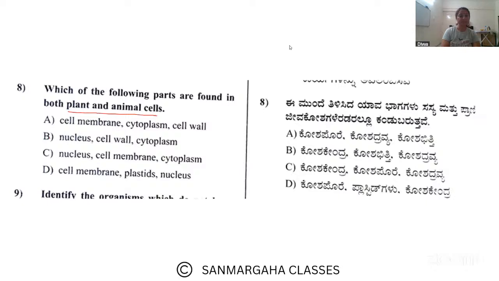Cell membrane, yes, it is found. Then cytoplasm, yes, is found in both animals and plants. And cell wall, no, cell wall is only found in plants.